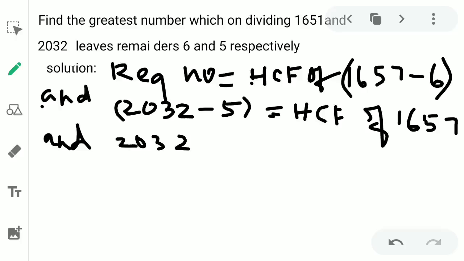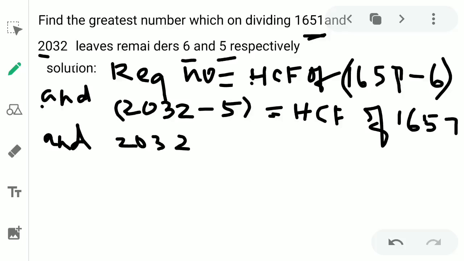Next, 13th question. Find the greatest number which on dividing 1651 and 2032 leaves remainders as 6 and 5 respectively. Solution: required number equals HCF of 1651 minus 6 and 2032 minus 5.